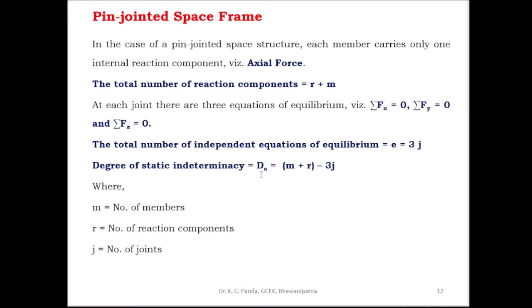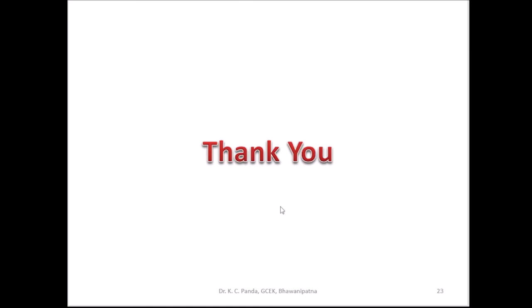So DS is equal to M plus R minus 3J. This difference is the degree of static indeterminacy of a pin jointed space frame or space truss.